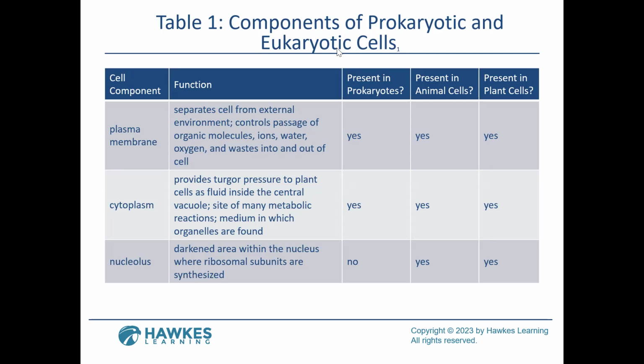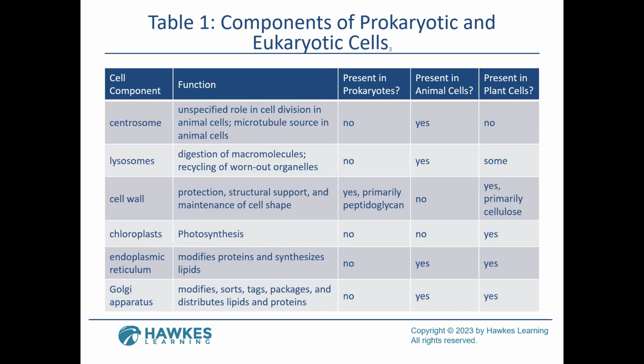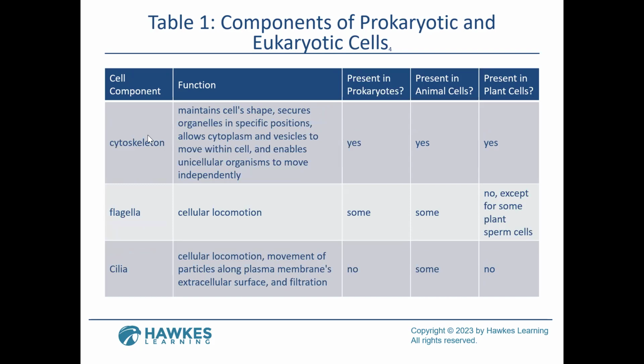Now, you see, not all cells have nucleoli. Nucleoli are like the burrow, inside the nucleoplasm. The nucleoplasm is a combination of the DNA, the chromatin, and associated proteins, and some other proteins there to help, like the polymerases that polymerize the DNA. So you have to go over this figure and decipher which cell component is found in prokaryotes, in animals, and in plant cells.